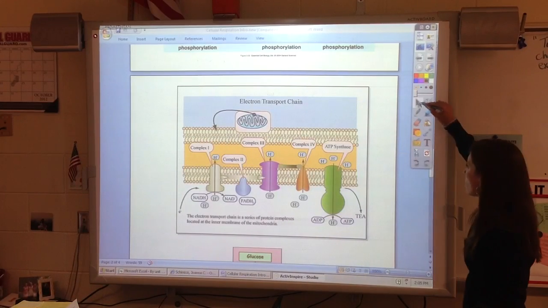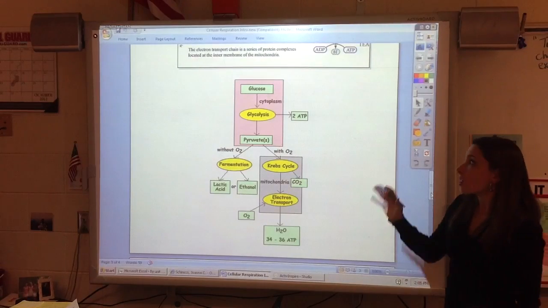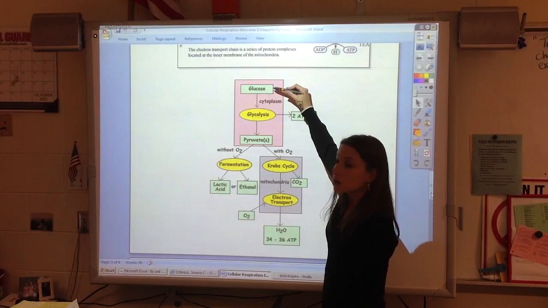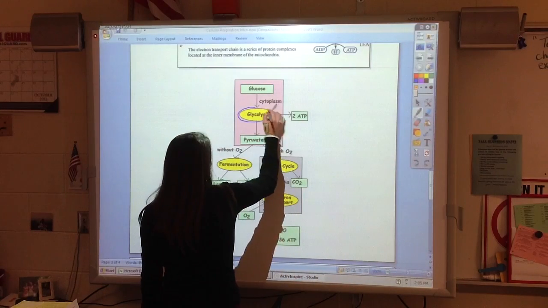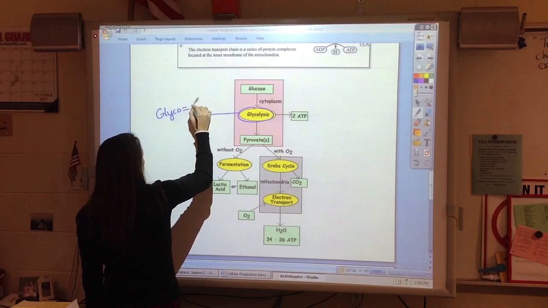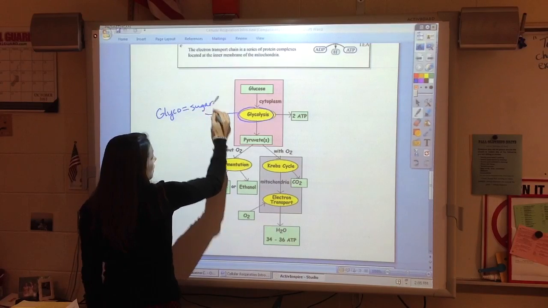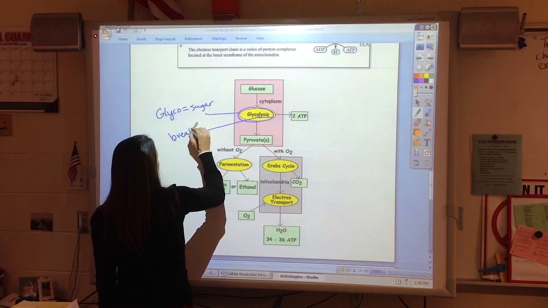So lots going on here in this unit, but keeping in mind that it's all about taking sugar, breaking it down. Glycolysis is going to be our first stage, and glycolysis, we know glyco has to do with sugar, and lysis is actually the breaking down.